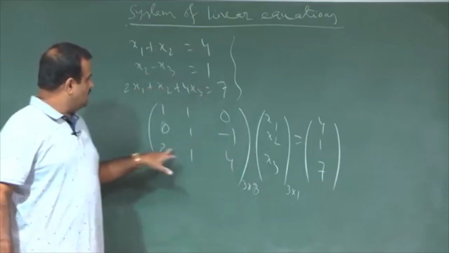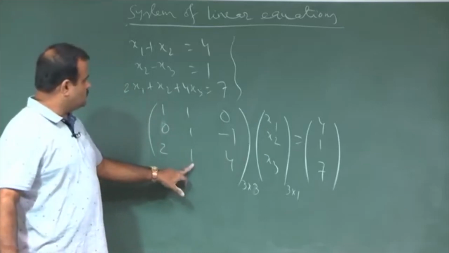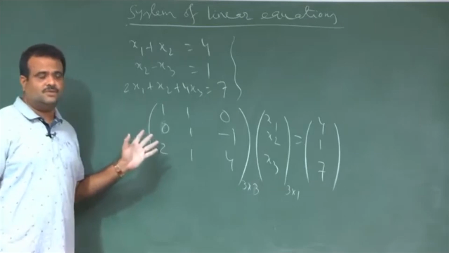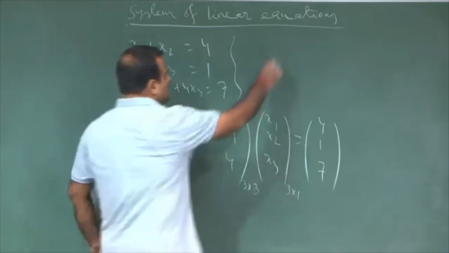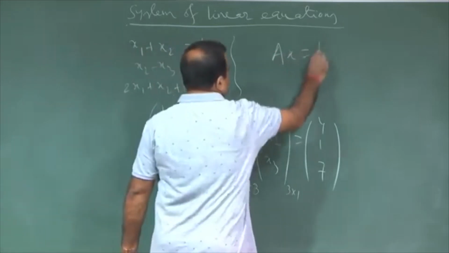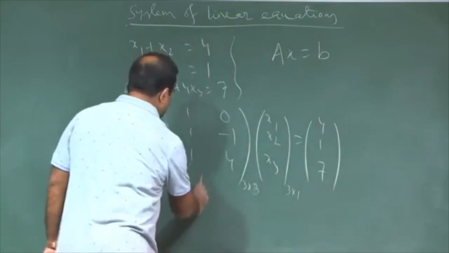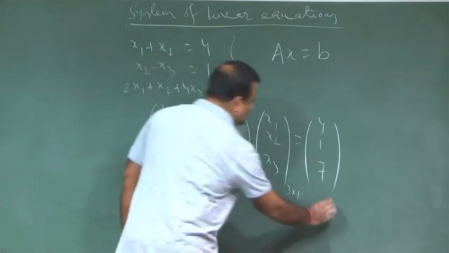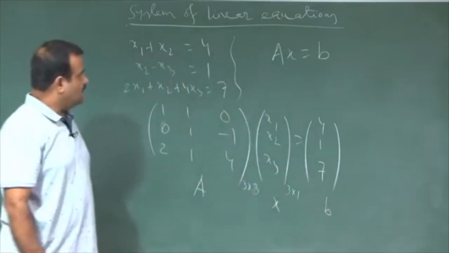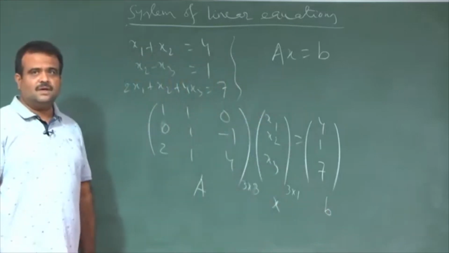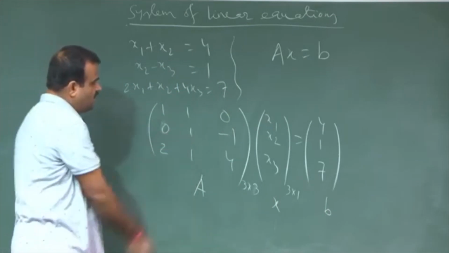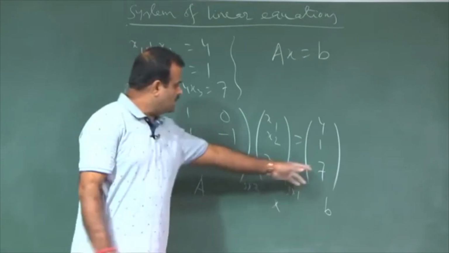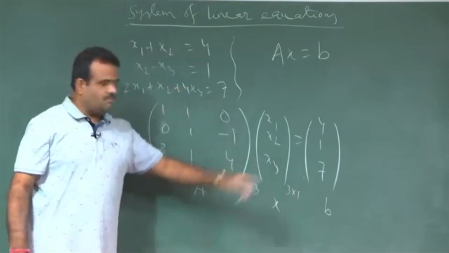And the third one, 2x1 plus x2 plus 4x3 equal to 7. So any system of equations can be written in matrix form like Ax equal to b. This is our A matrix, called the coefficient matrix, this is our variable vector x, and this is b.